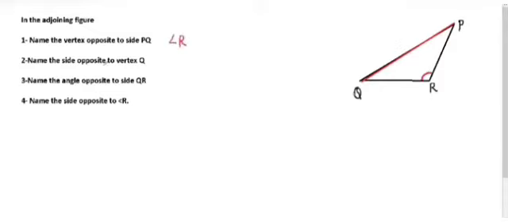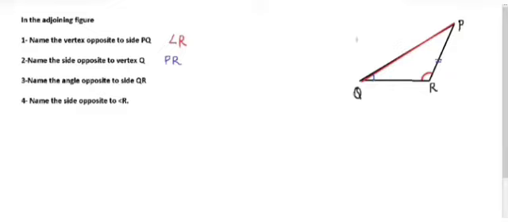Now name the side opposite to vertex Q. This is your vertex Q, and the side opposite to angle Q is PR. So here the side will be PR. Now third question, name the angle opposite to side QR.